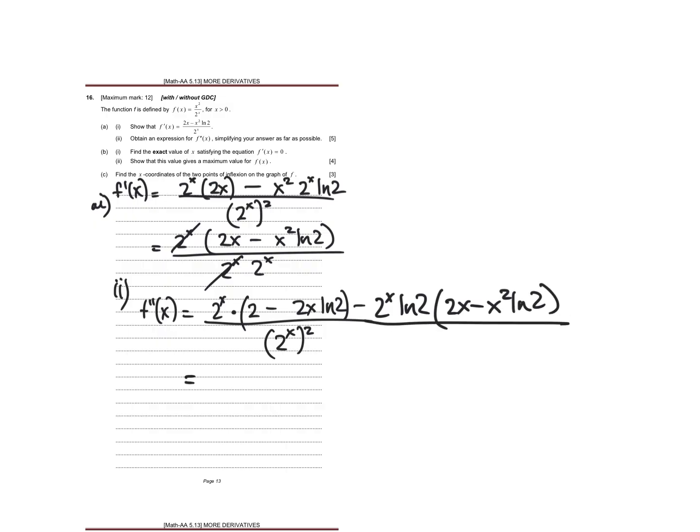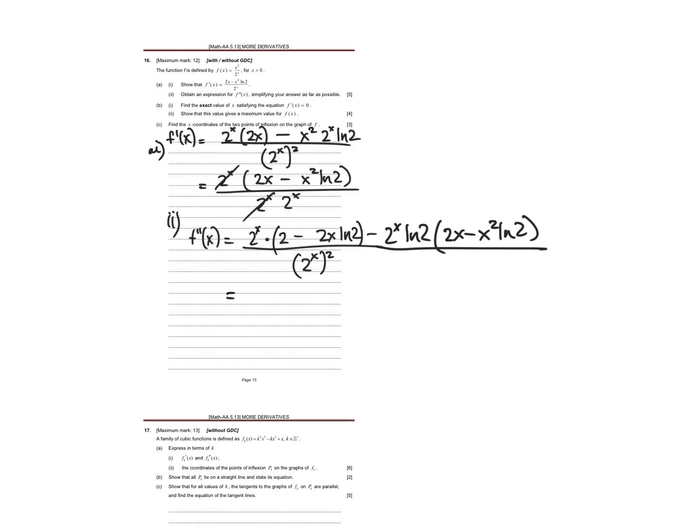All right, so then we have a 2 to the x here. So we're going to have 2 minus 2x natural log 2, and then minus 2x natural log 2, because this is gone and distributing the natural log 2, the minus natural log 2.